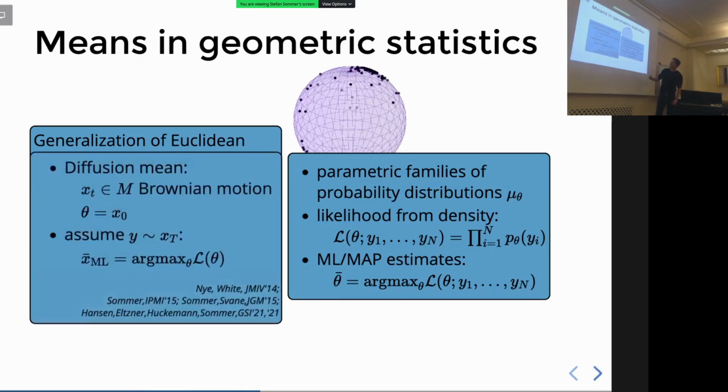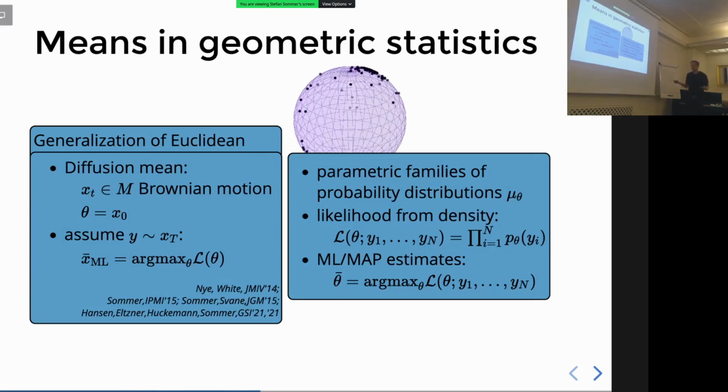One specific example of doing that would be to start a Brownian motion on the manifold, let the parameter theta be the starting point, and then maximize the likelihood of the starting point given the data. And then we call the starting point the mean. Just as for the Fréchet mean, if you do this in Euclidean space, the Brownian motion just generates a normal distribution, so the starting point would be exactly the expected value, the same as the Fréchet mean.